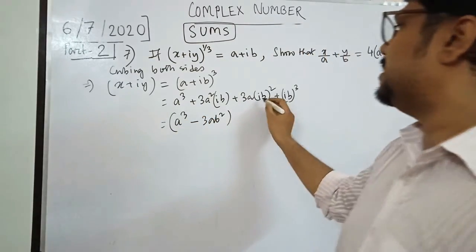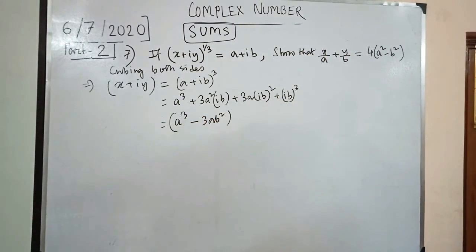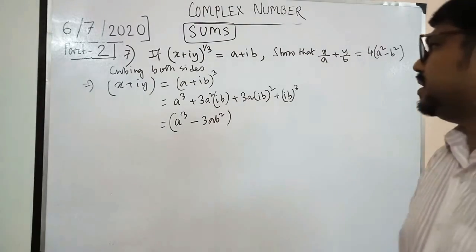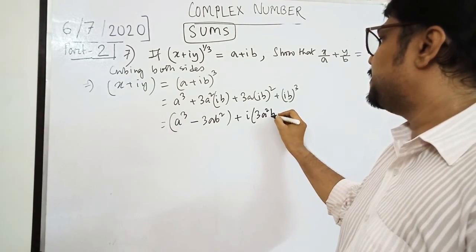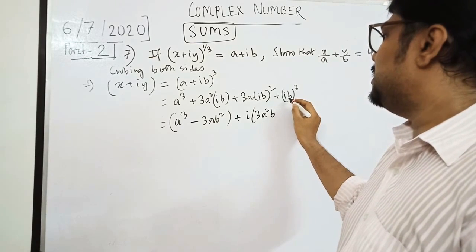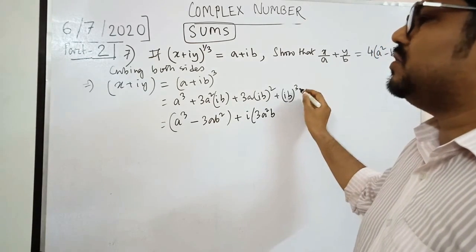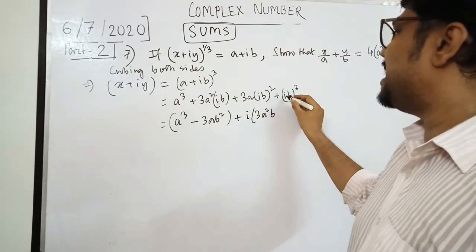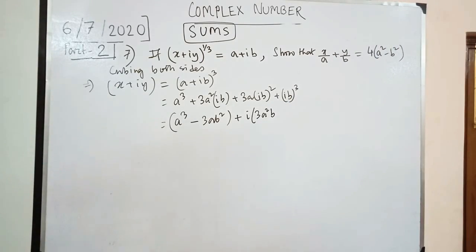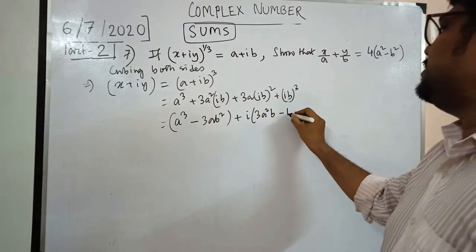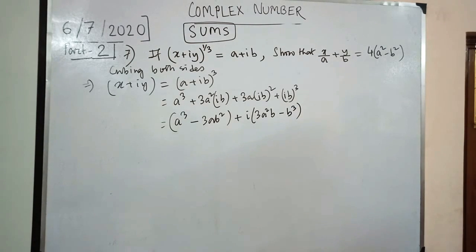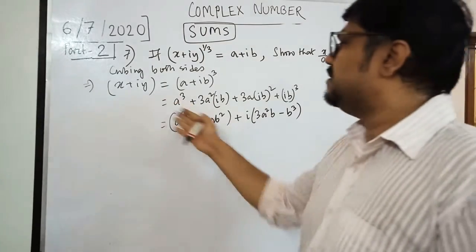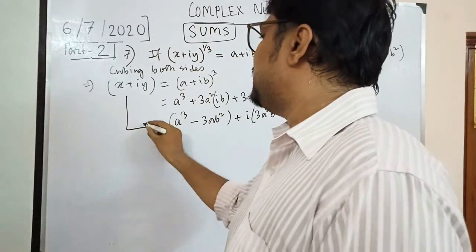I square becomes minus, so I connect it. Now I take a common i, which is 3a square b. Then this becomes b cube and i cube. So i cube is minus i, you know. So it becomes i into 3a square b minus b cube, like this. So if you simplify, x plus iy becomes this.